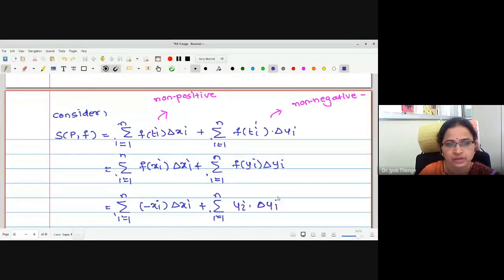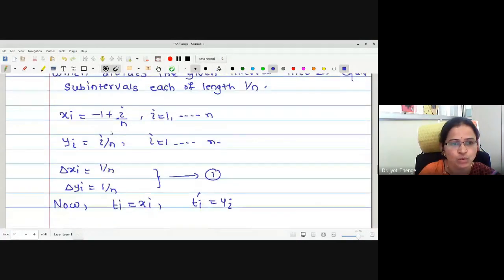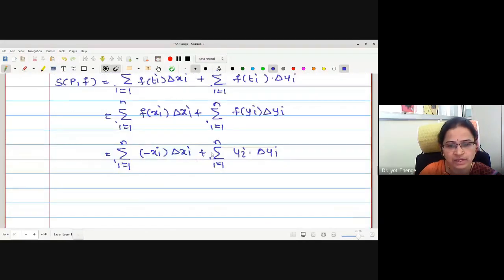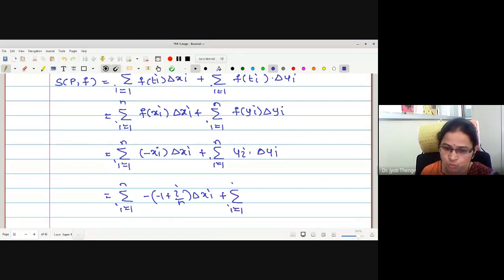Now we have written xi also. What is xi? Minus 1 plus i by n. Yi is i by n. Let me put in both the values. This is minus 1 plus i by n into delta xi, summation i equals 1 to n, and this is i by n into delta yi.